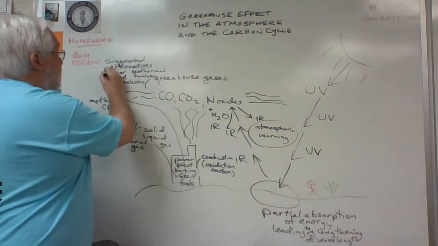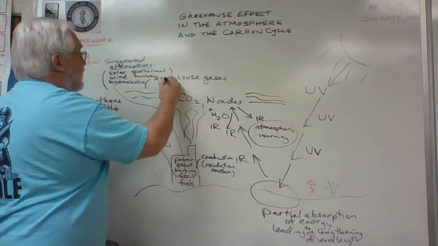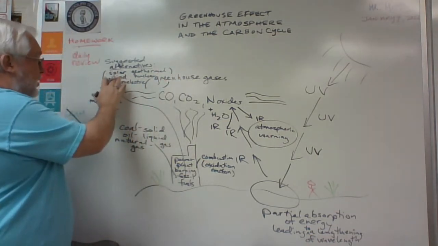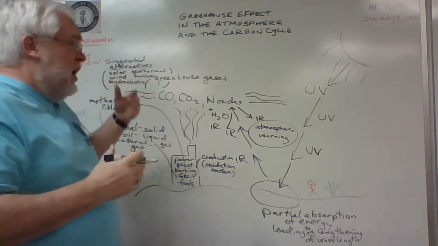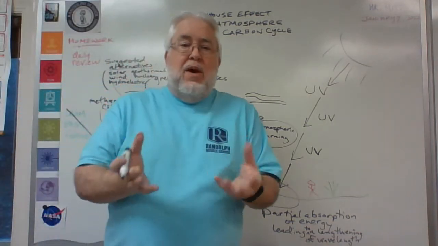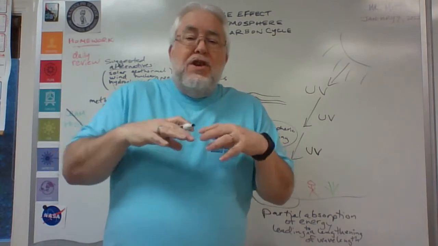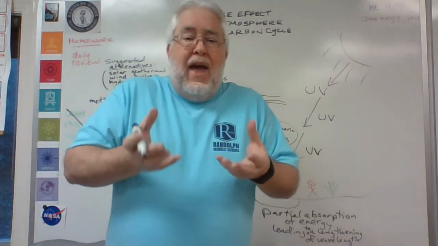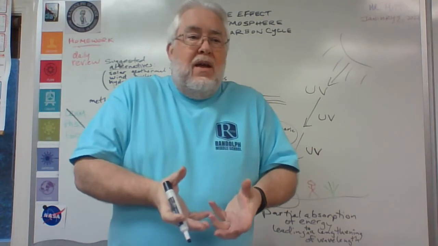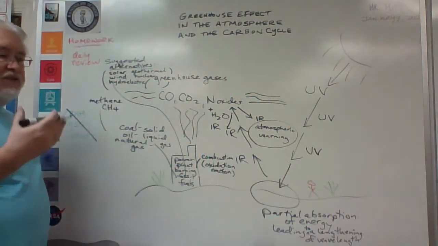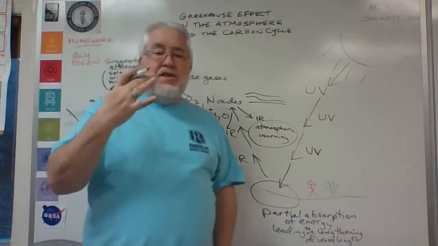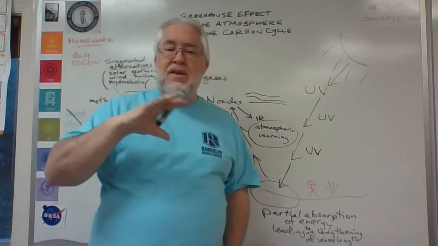But these are all alternatives to burning fossil fuels: solar, wind, hydroelectric, geothermal, and nuclear. Again, geothermal isn't just everywhere. You have to have the proper geological conditions to have that kind of heat that you can utilize from within the earth. And wind, you have places that are windy, places that are not windy. You don't see the big white wind turbines just everywhere.